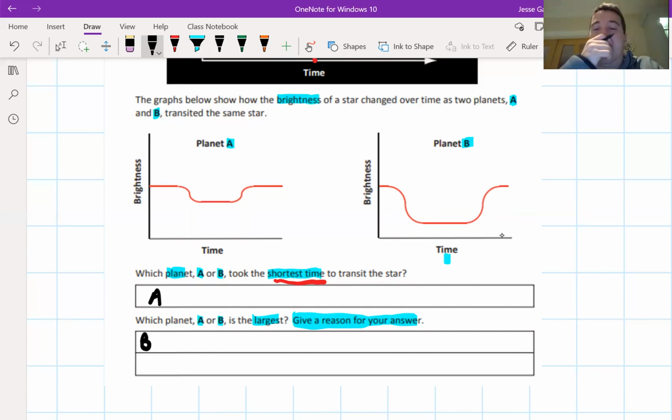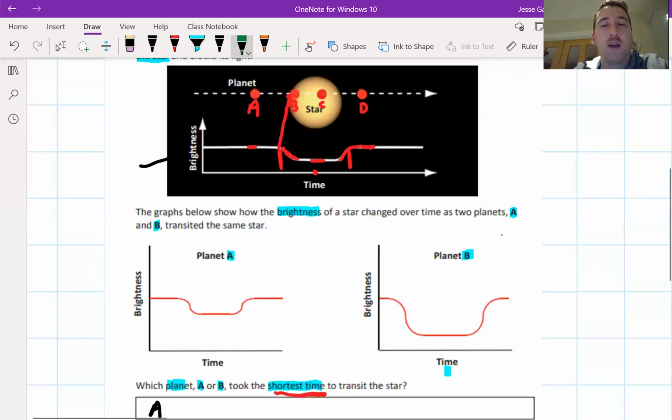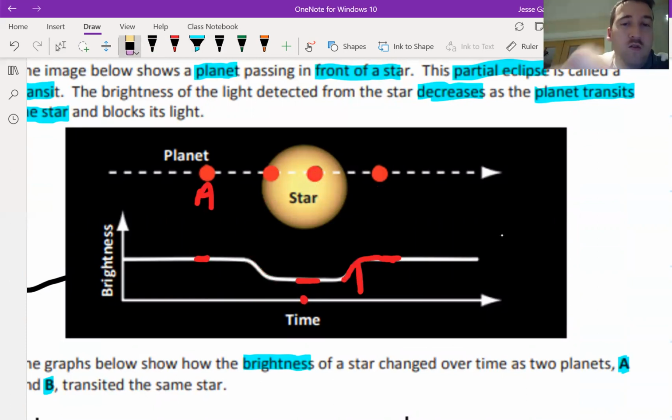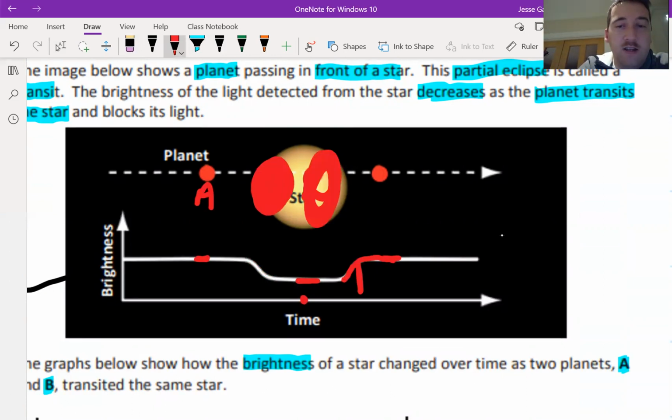Okay, so you should only be listening now if you've tried to answer this. Well, I suppose we know which planet is bigger by seeing how much light they block out. Remember what I said earlier, if this planet here, instead of being that red dot, was this red dot, that size instead of the original size, then this line here would be quite different.